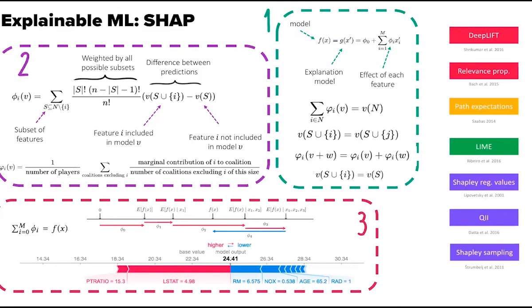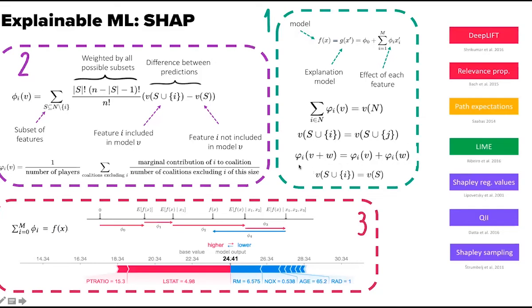And there are several axioms in this game theory. First of all, the treasure can be explained by the sum of the effects of each player. Then, when players have the same effect, they should get equal treasure.